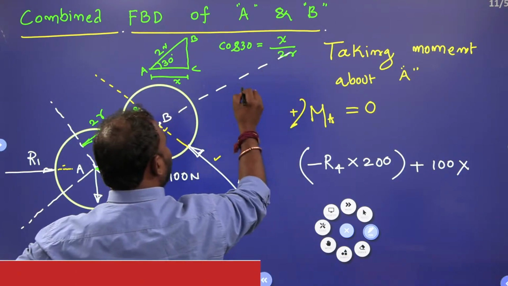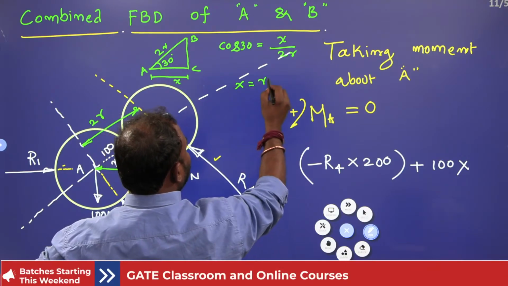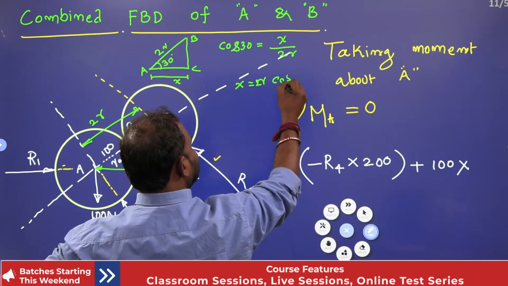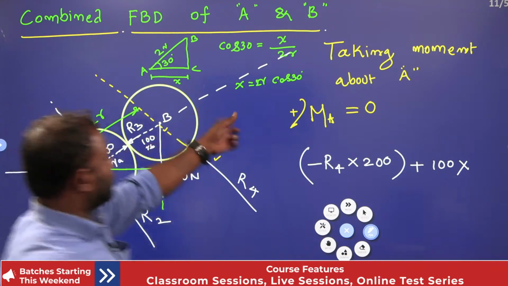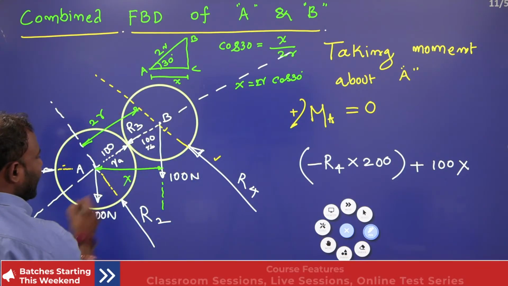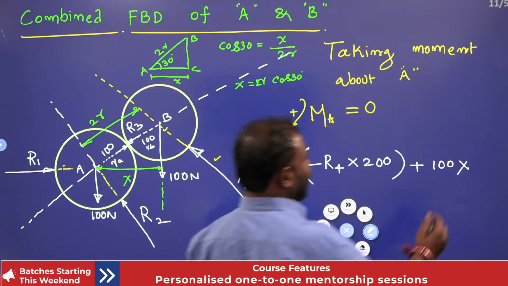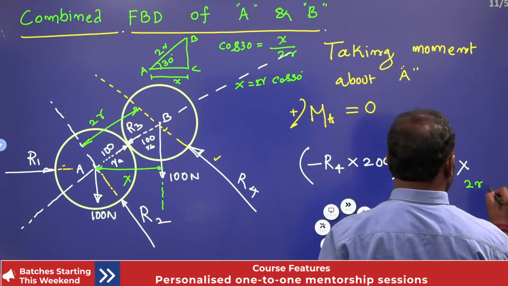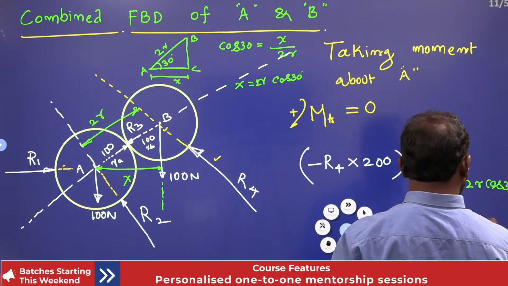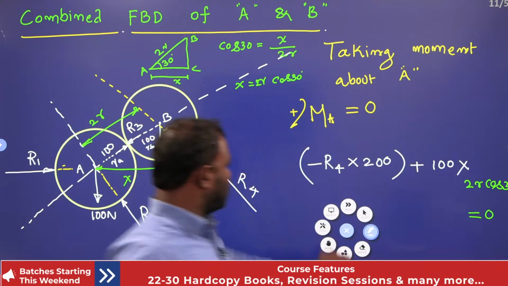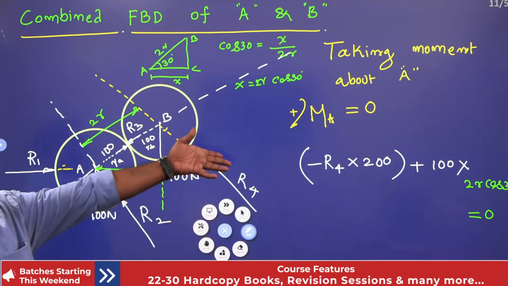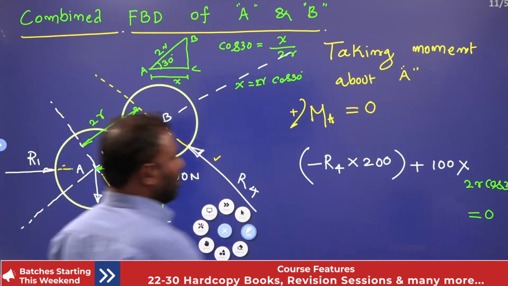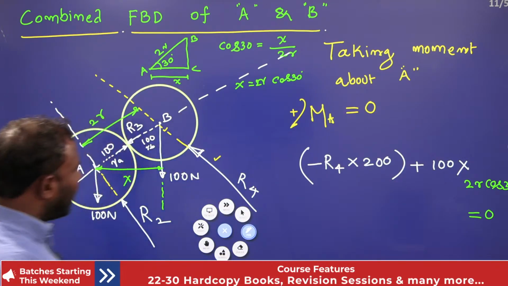Now X equals 2R cos 30. This is my X. Now here I can write directly 2R cos 30. Now everything I know. Let us go for the next step.